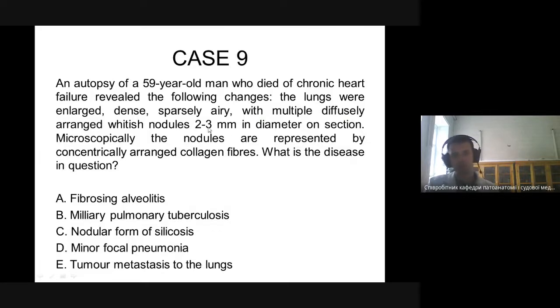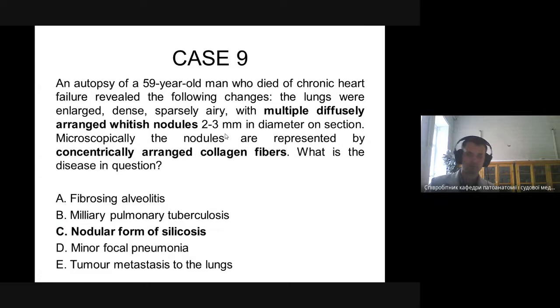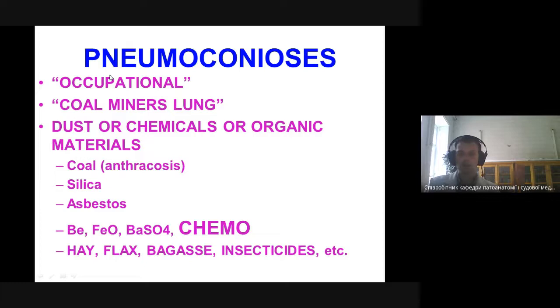No, that's not bronchopneumonia. Whitish nodule, why? Tumor metastasis to the lungs. Again, nothing about cellular atypia. Again, multiple diffusely arranged whitish nodules, concentrically arranged collagen fibers.